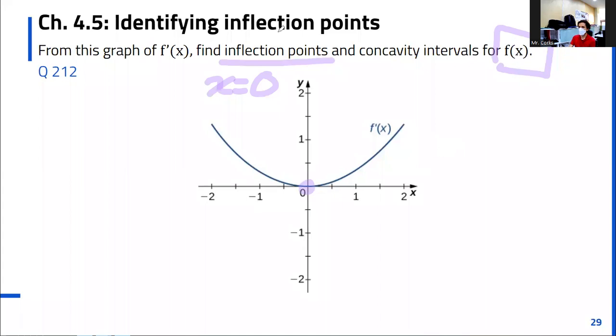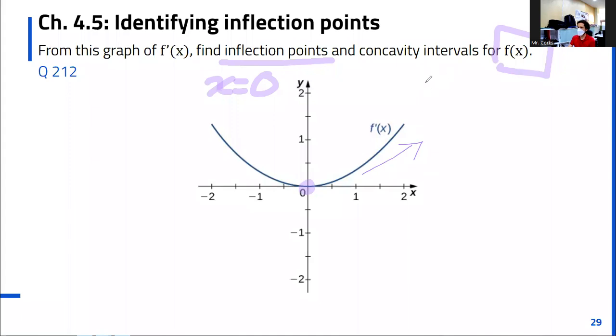Okay. Then what else do we have? So if our first derivative is increasing, then we have a concave up pattern. If our first derivative is increasing, then the original function is concave up.